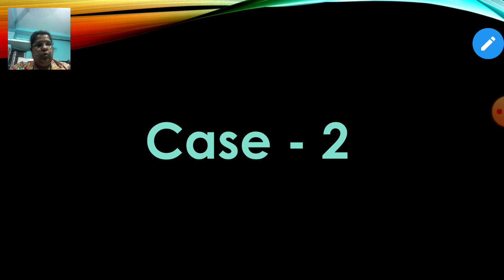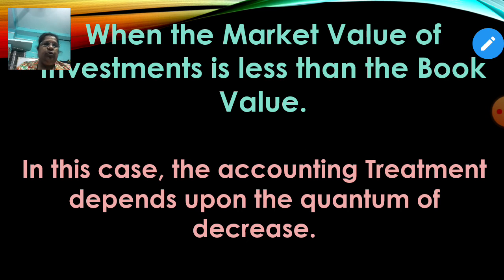Now case 2. In case 2, it says that when the market value, the price of the investments in the market, is less than the book value. Now in this case you have to be very cautious and careful. Market value is less than the book value.